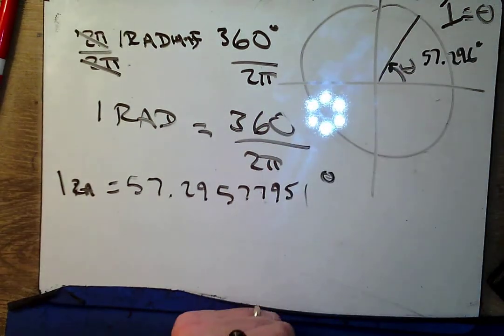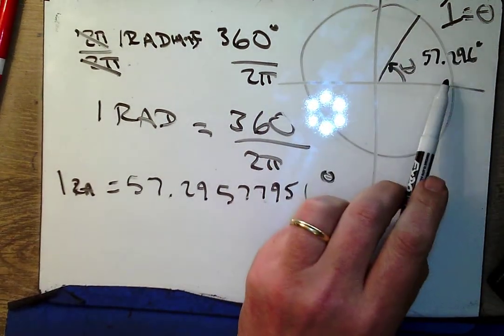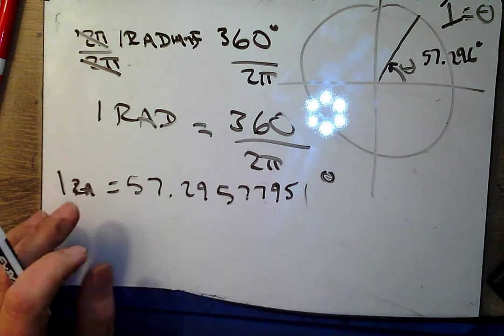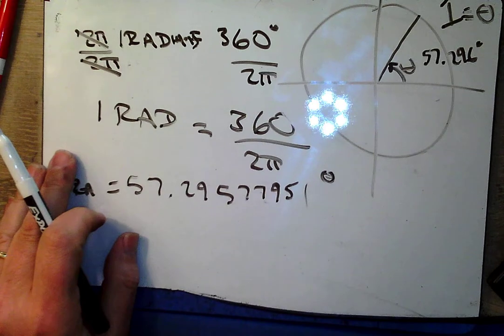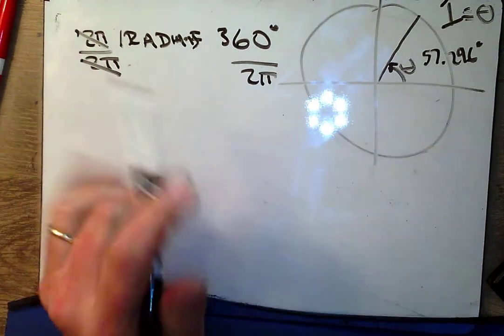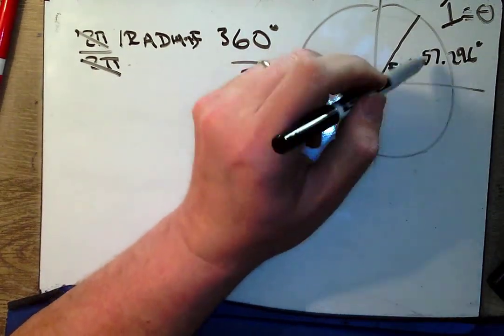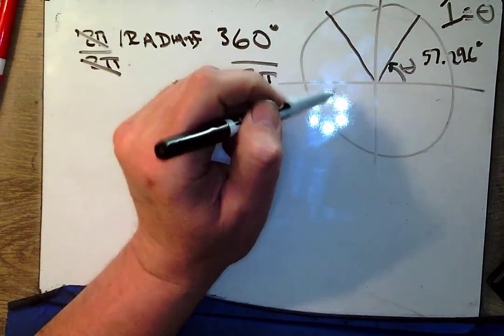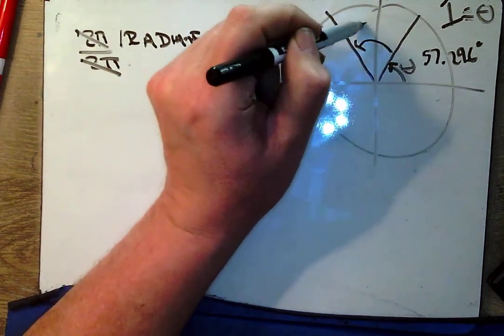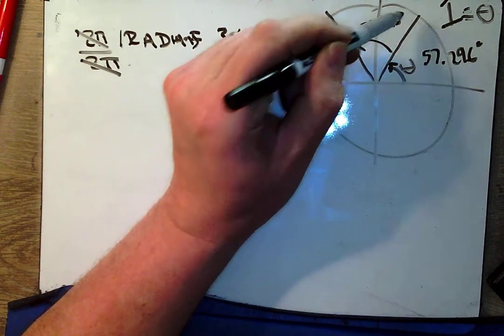57.296 degrees. Well, I certainly don't want to be using this as a conversion factor. Oh my goodness. But I do want to be able to visualize what's going on here. So that's 1 radian. Here's another radian, so that's another 57.296 degrees.